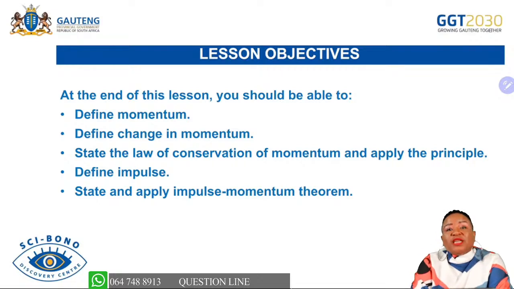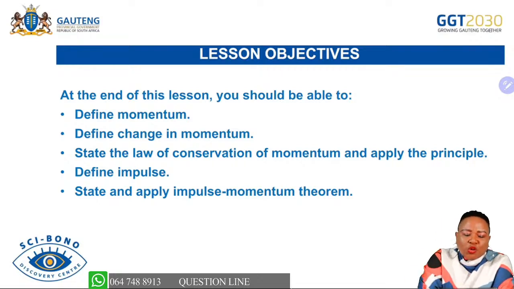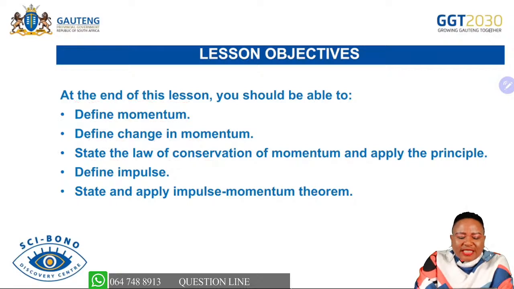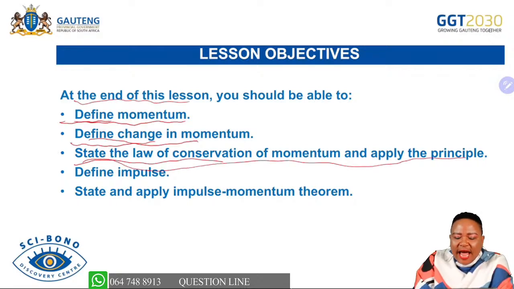Now, what are the objectives of this lesson? We are going to look at the definition of momentum. We are going to define the change in momentum. We are going to state the law of conservation of momentum and apply the principle in terms of the law of conservation of momentum.